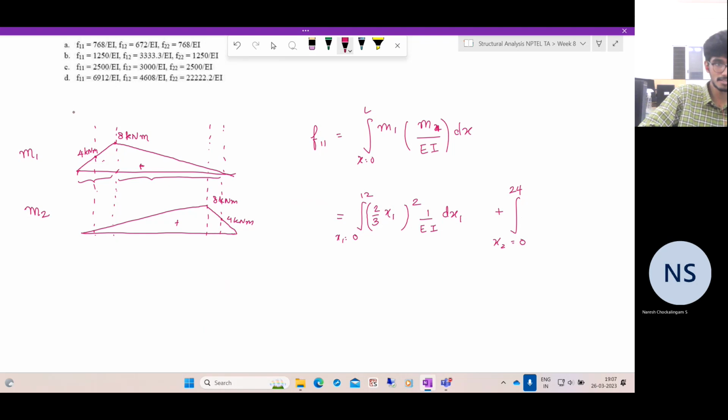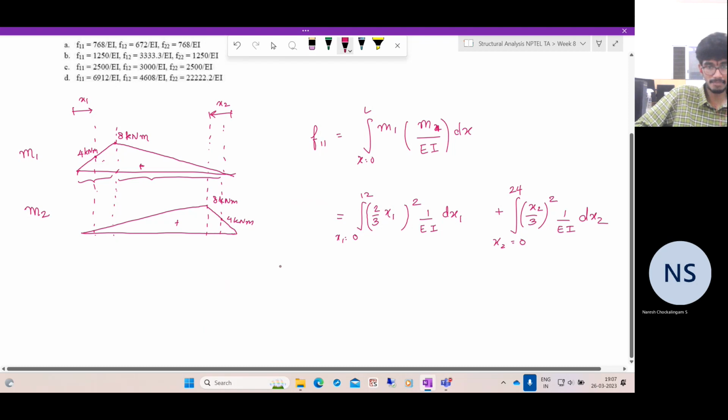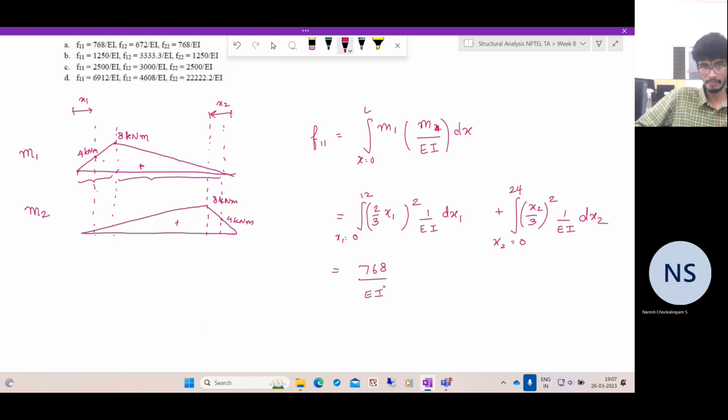Now let me take x1 starting from this side and x2 starting from this side. So here the function is x2 by 3, the whole square, 1 by EI dx2. So this is a very simple integration. You can perform it and what you get will be 768 by EI.